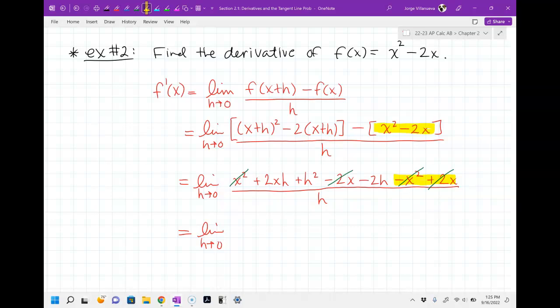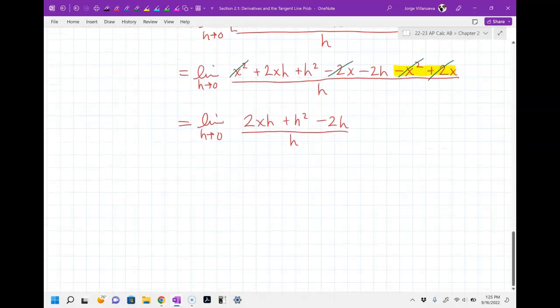So here we go. I got 2xh plus h squared minus 2h over h. Now cancel an h from each term. So this h is gone, this h is gone, this becomes a 1, this h goes away.